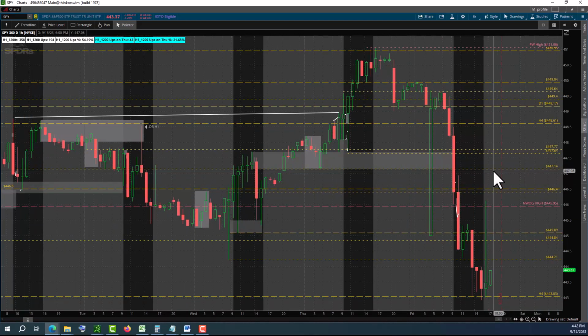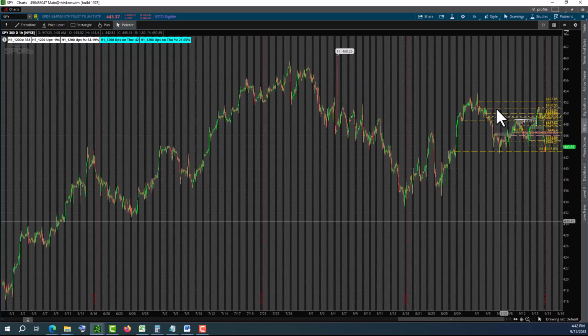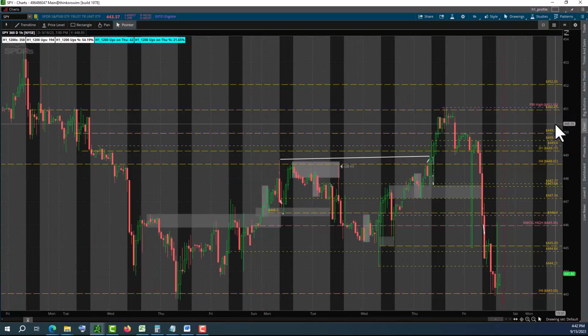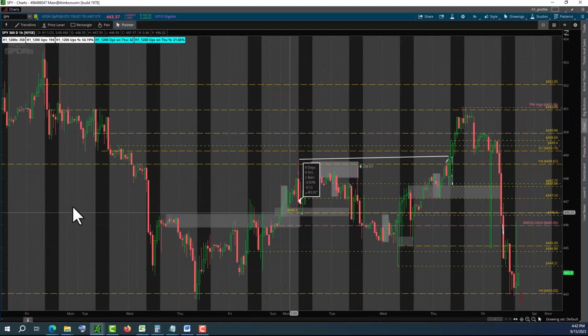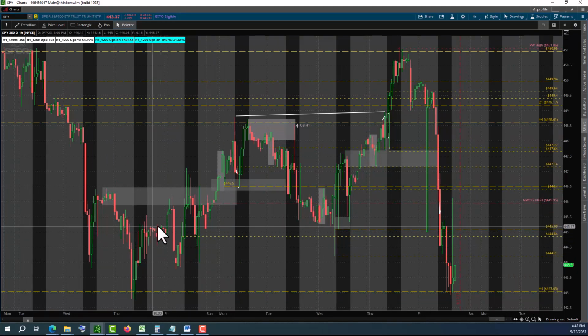So it played out so perfectly for the Thursday reversal pattern right here. Right, we have Monday moving down, Tuesday moving down. No, I mean right here. I think I looked at the wrong week. I looked at the prior week, but here's this week.